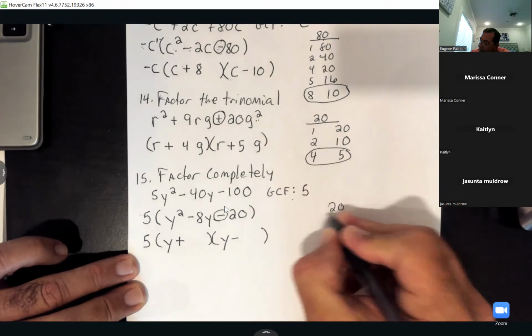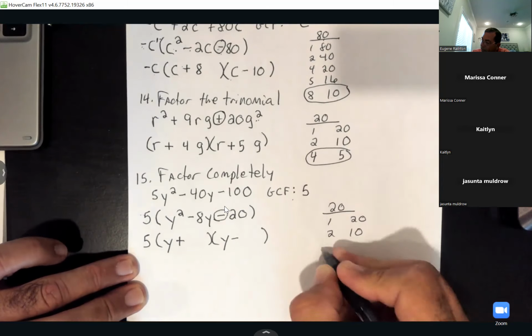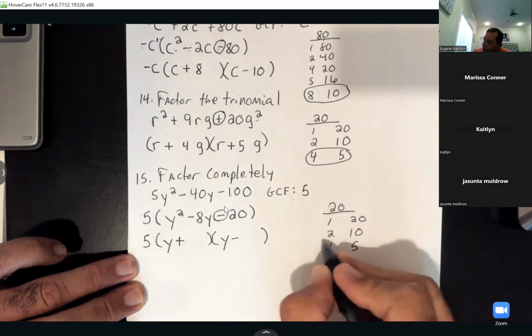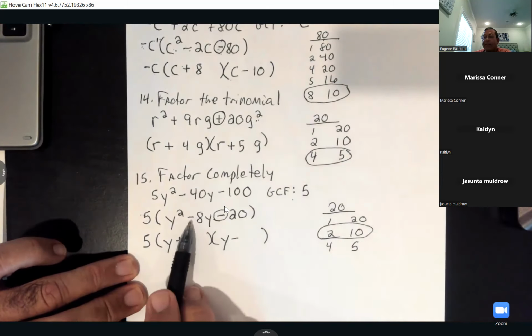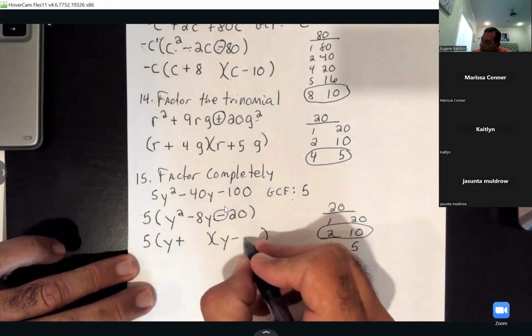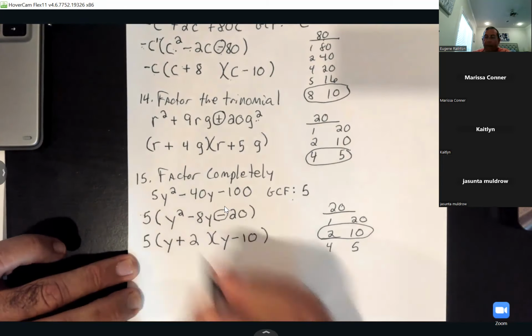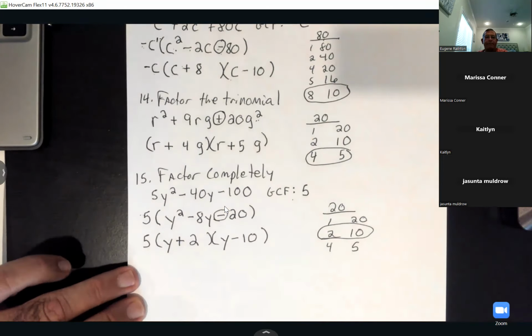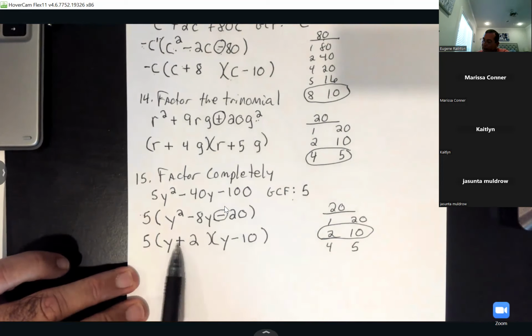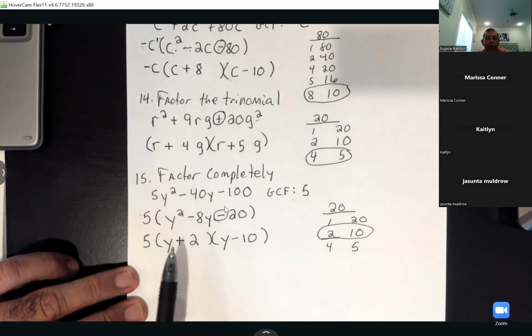So let me write them again. So I need 2 and 10. Since the middle number is negative, the larger factor is negative. So the 10 will be negative, and the 2 will be our positive. And y'all at that point can't go no further. So remember, I had a y squared, so I had 2 y's in that final answer, okay?